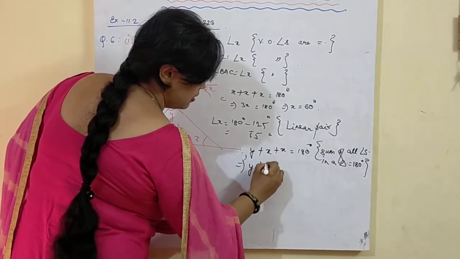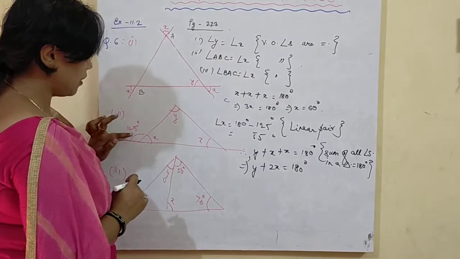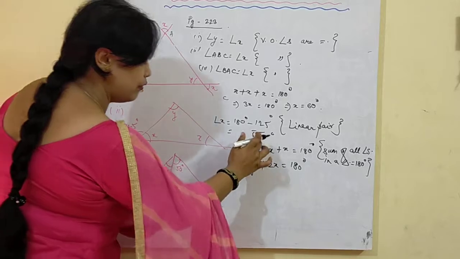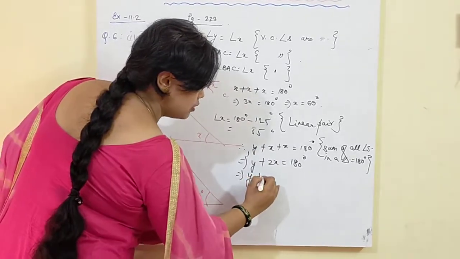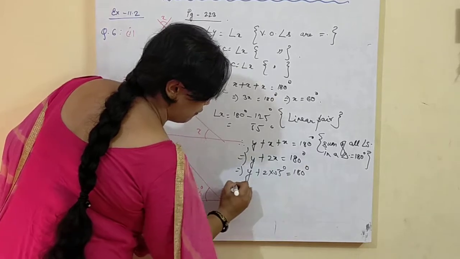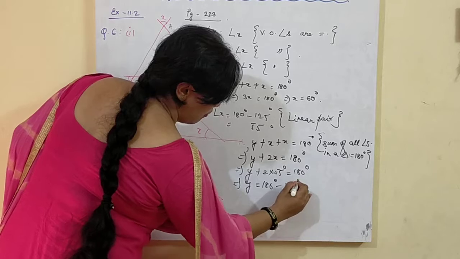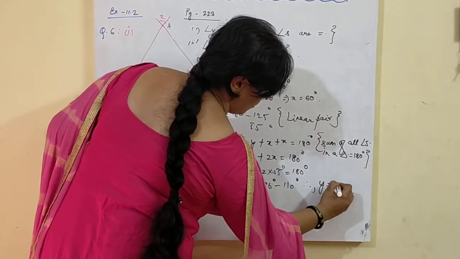Therefore y plus 2x is equal to 180 degree. So here you see 2x is, we have taken out 55 degree. Therefore y plus 2 into 55 degree is equal to 180 degree. Therefore y is equal to 180 minus 110. Therefore y is equal to 70.